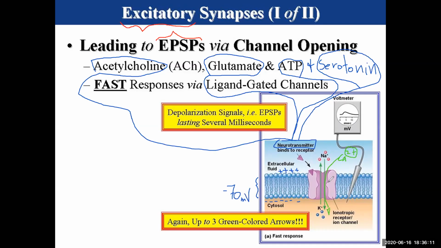When you open this channel, there's a net influx of positive charge. Even though potassium is leaving, there's less positive charge leaving than positive charge entering, right? So the efflux of potassium is more than offset by influx of both sodium and calcium ionic species.